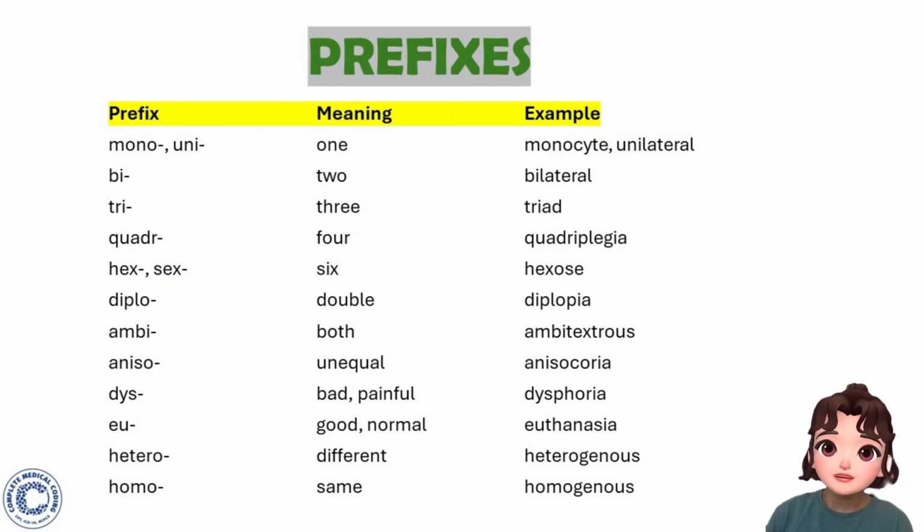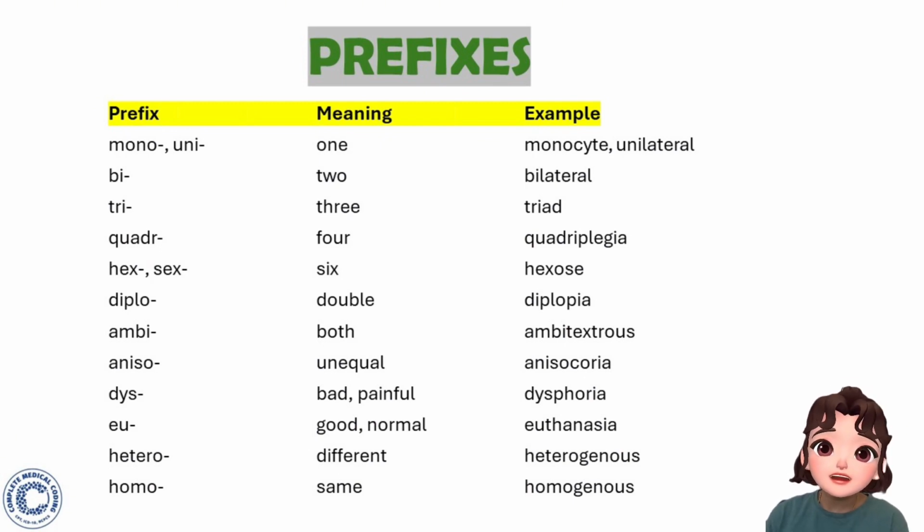Ambi means both, ambidextrous. Aniso, unequal, anisocoria. Dis, bad, painful, dysphoria. Eu, good, normal, euthanasia. Hetero, different, heterogeneous.